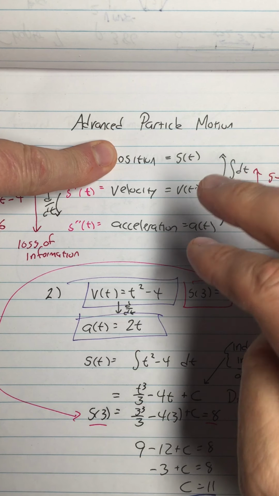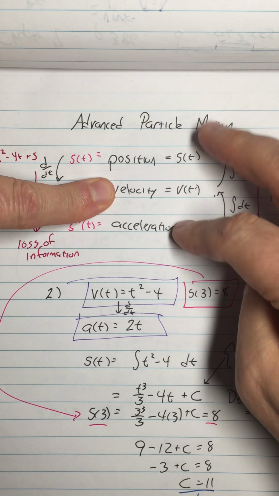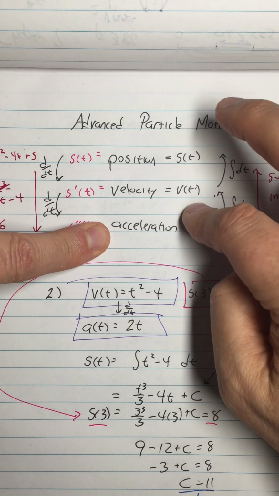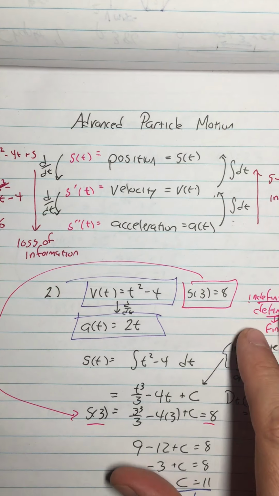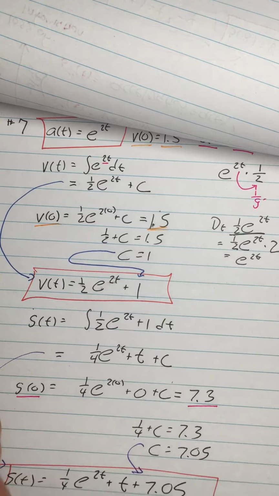If you have position, you can get velocity and acceleration. If you have velocity, you could already get acceleration, and now you can also get position. And if you have acceleration, you can get position and velocity. So that is what we're talking about with advanced particle motion. That's everything we wanted to say about the new perspective and the new tools that we have for working with position, velocity, and acceleration.